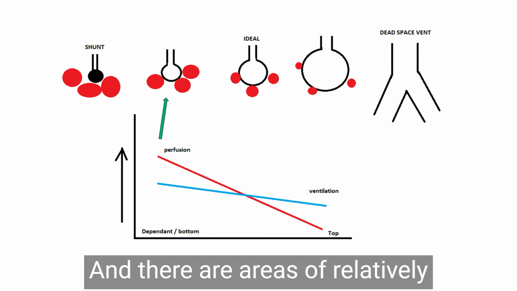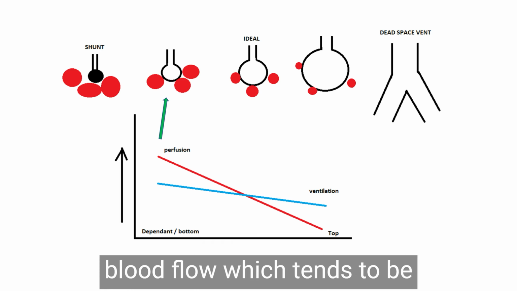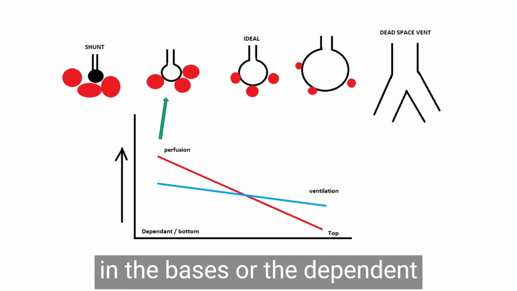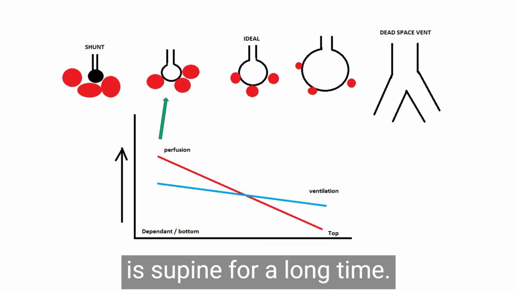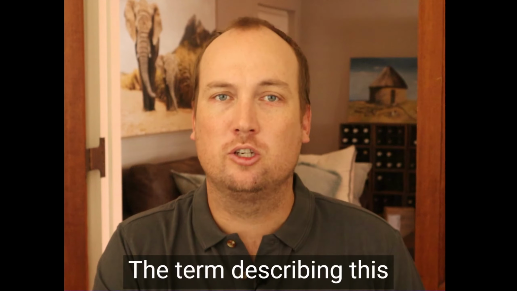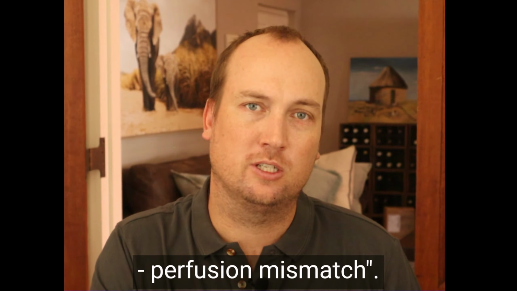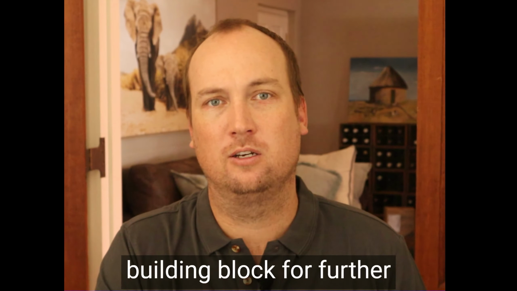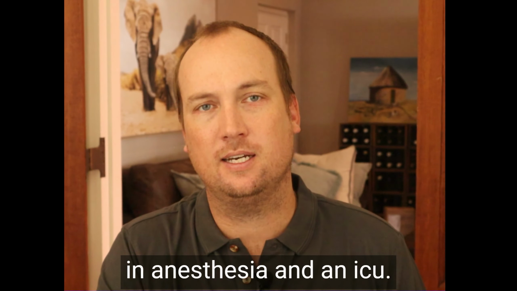And there are areas of relatively low ventilation and higher blood flow, which tends to be in the bases or the dependent areas of the lungs if the patient is supine for a long time. The term describing this phenomenon is ventilation perfusion mismatch, and this is an important building block for further understanding of ventilation in anesthesia and in ICU.